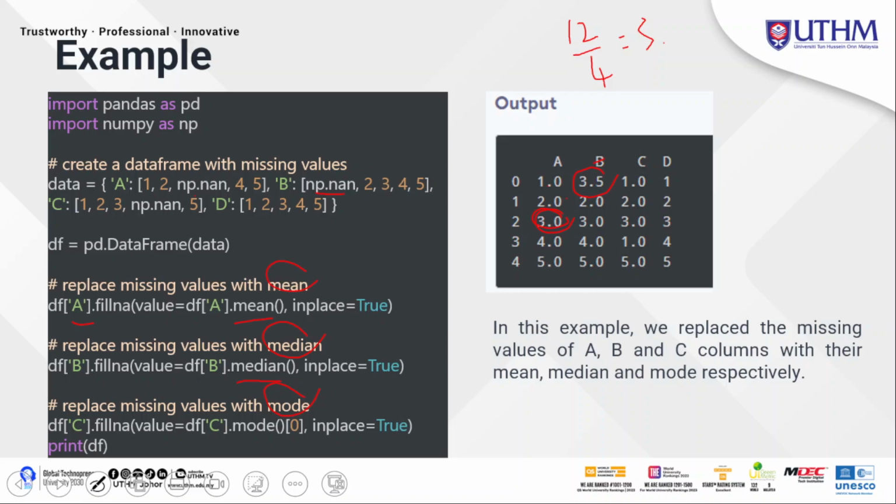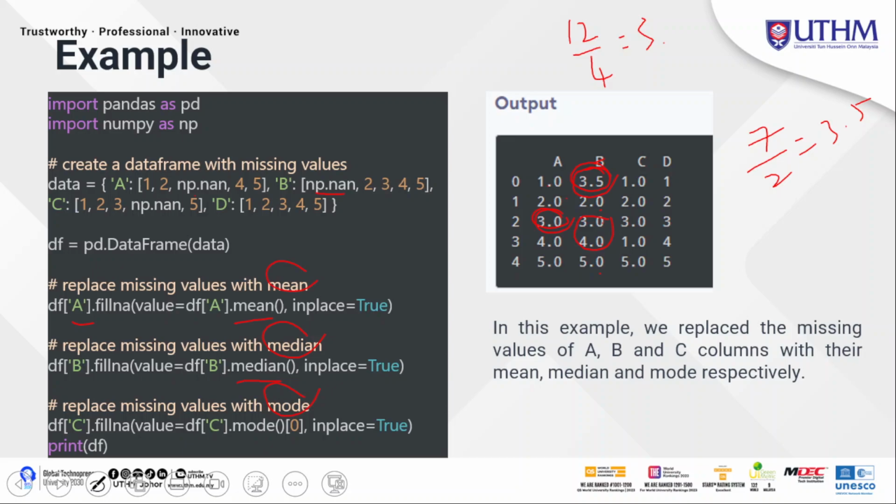I guess it's already in increasing order. You can see 2, 3, 4, 5. So the middle values are 3 and 4. Since it's an even number, we have to take two values. So 4 plus 3 is 7, 7 divided by 2, you will get 3.5. So correct, this is what they have replaced.